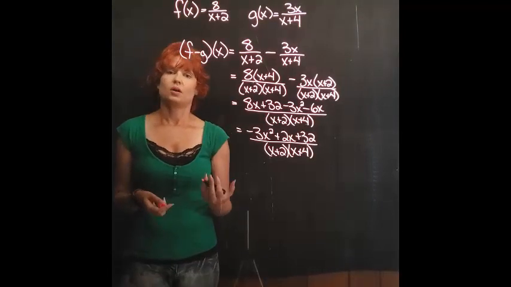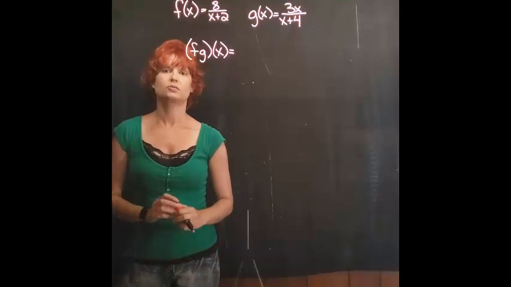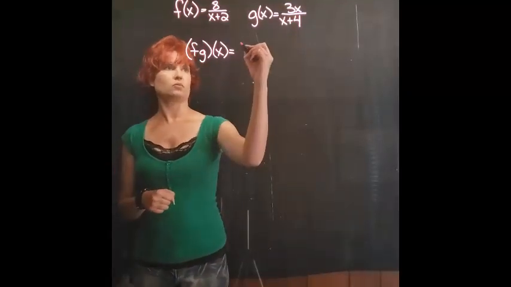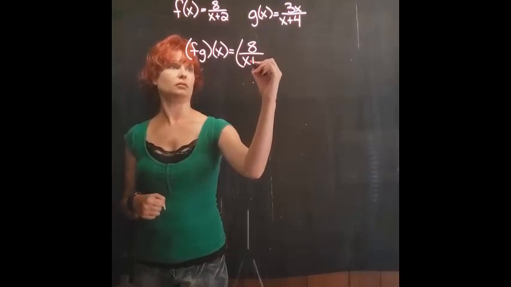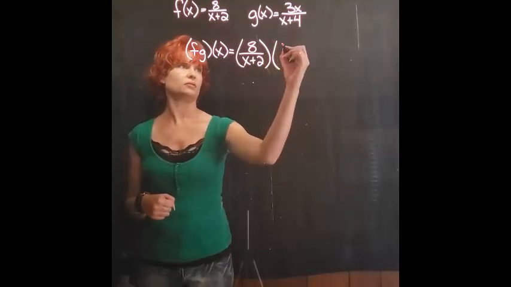Okay, so now let's look at multiplying these functions. So now we're going to multiply f times g. So again, we're just taking this f function and multiplying by the g function.